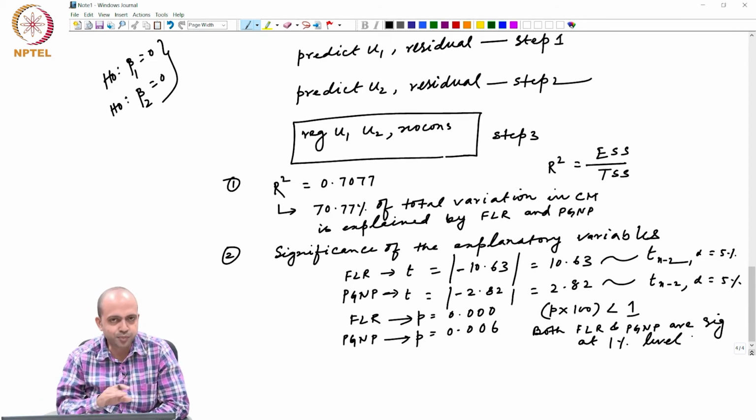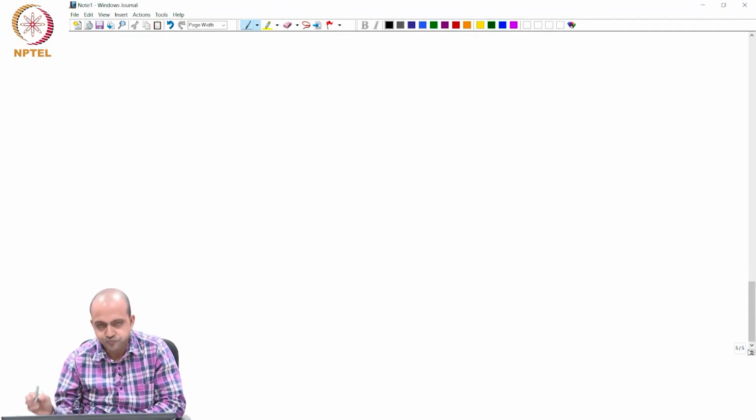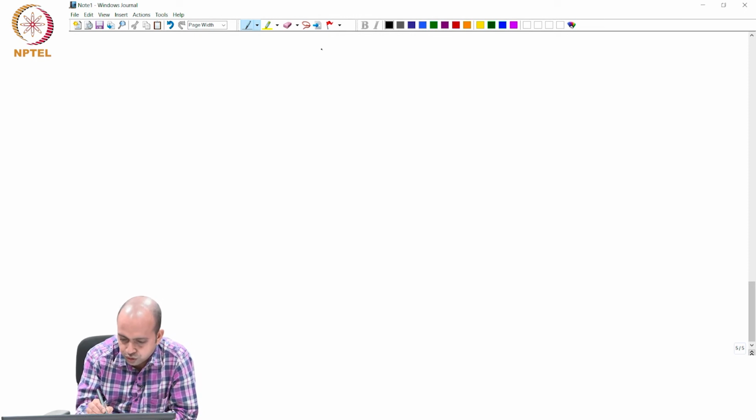So, following the p approach, we do not need to compare the tabulated with the calculated one. So, this is called level of significance approach. Now, what we will do? We will see the confidence interval approach.